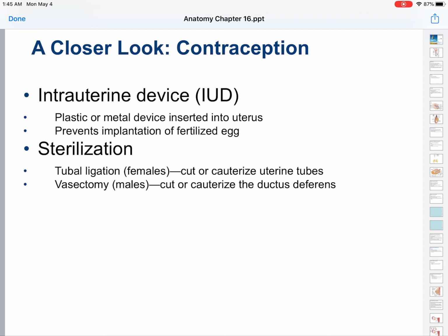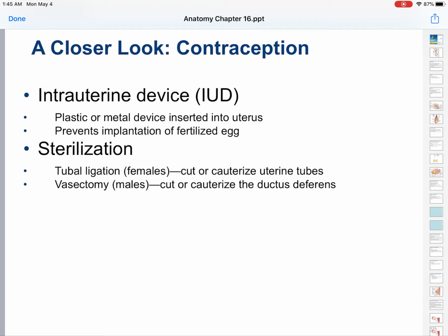Or if you want no more children, you can go with sterilization, which is tubes being tied, the tubal ligation, where you cut or cauterize the fallopian tubes, or a vasectomy, where you cut or cauterize the ductus deferens, the vas deferens.